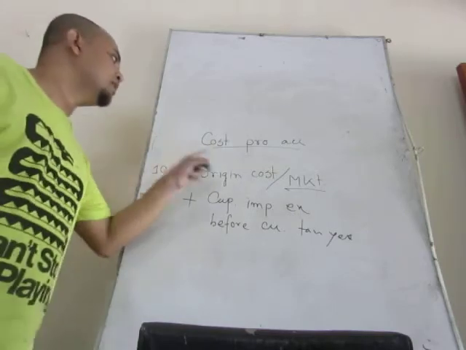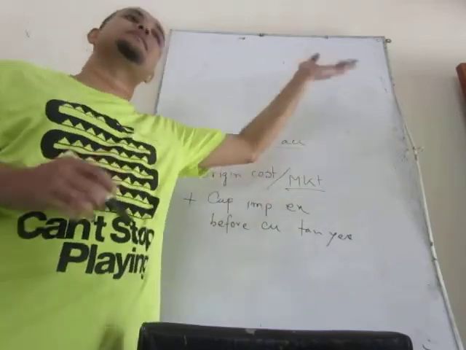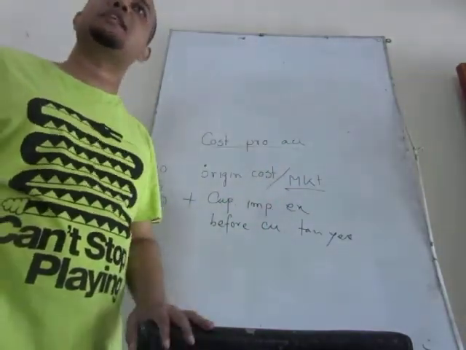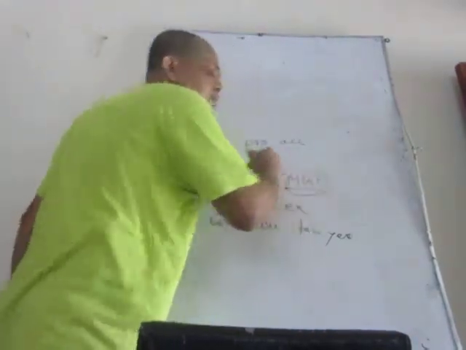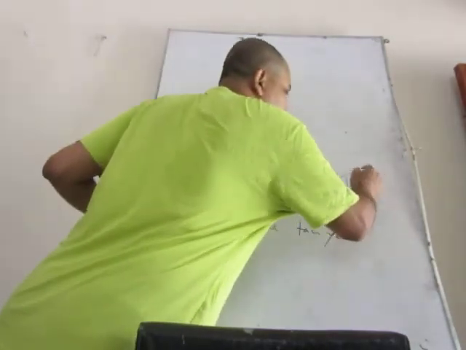Now, if you purchased this asset more than 6 years earlier, you have to use the current market price. For example, the current market price is $18.